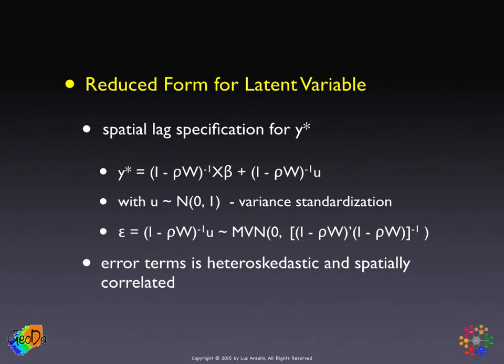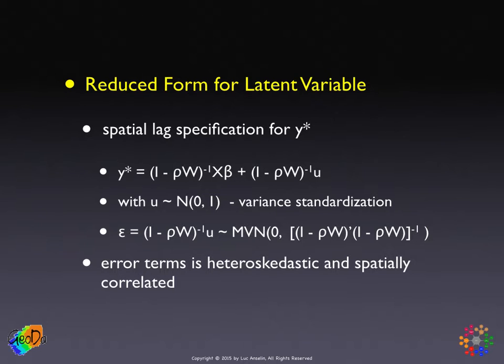Then the variance covariance matrix of the error term is (I minus rho W)' (I minus rho W), the whole thing inverted. So this is a complex variance covariance matrix. Obviously it has spatial autocorrelation, but we have also seen that it is heteroscedastic.